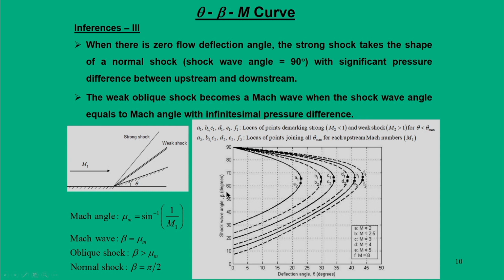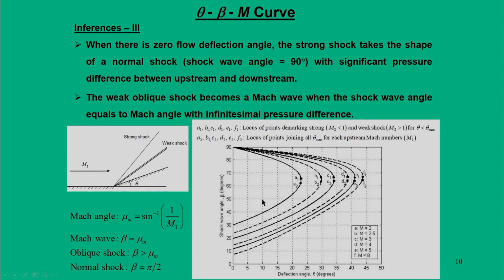For that reason, we refer to this inference: when there is a 0 flow deflection angle, that means no deflection, the strong shock takes the shape of a normal shock. We call this the shock wave angle, with a significant pressure difference between upstream and downstream. So when the oblique shock becomes a strong normal shock, that means for the strong shock solution, it has a 0 deflection angle.